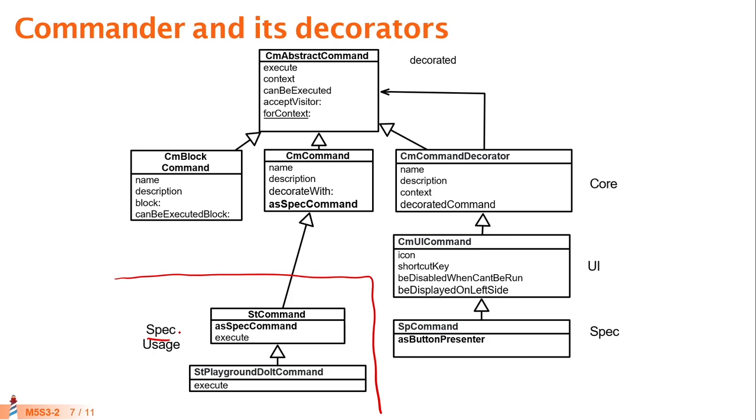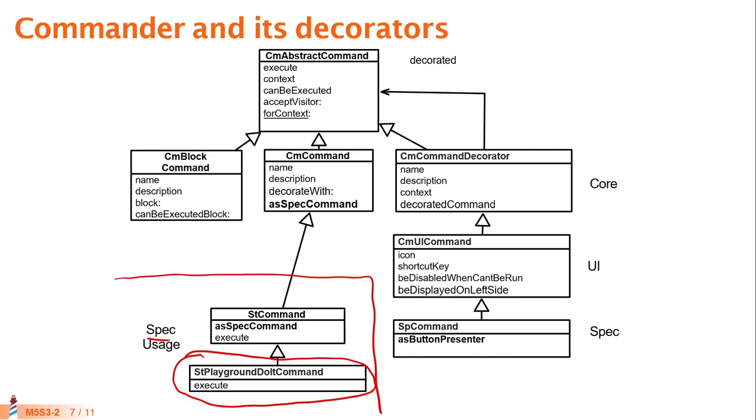Spec is our framework to implement the user interface of applications on top of Pharo, and we can extend the commands just by adding a new class. When we implement applications in Spec, they will create classes extending from StCommand.